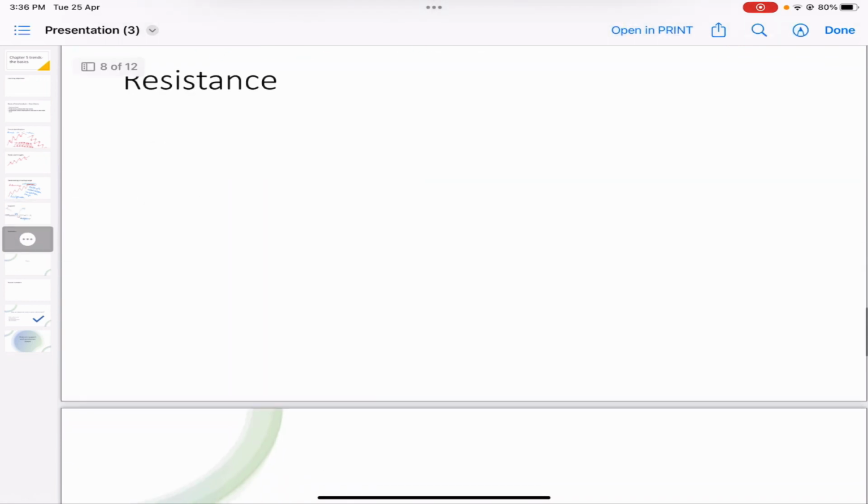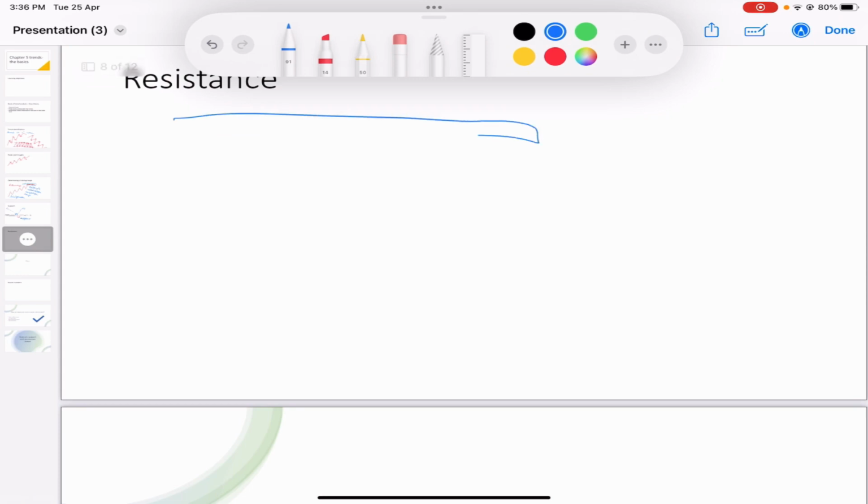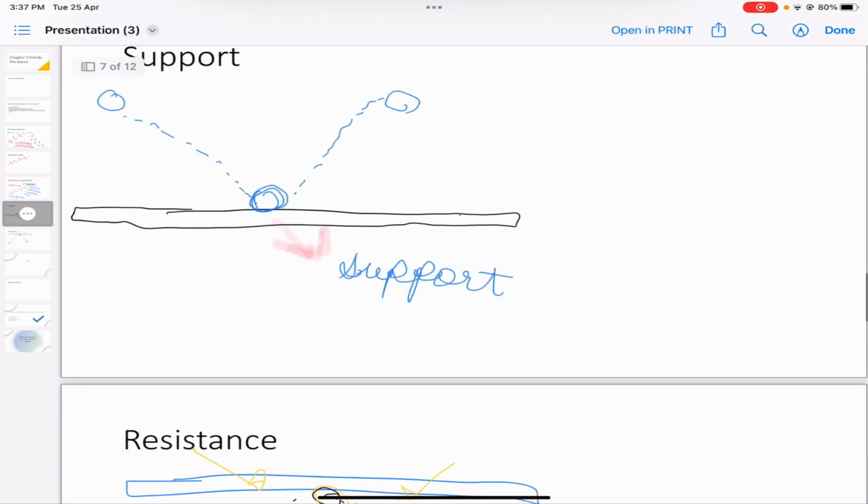Now, what is a resistance? There is a wall above me and I throw my ball up. My ball touches the roof and it falls back down. So what did my ball do? The wall above resisted my ball from going further up and it fell back down. So this is my resistance area.